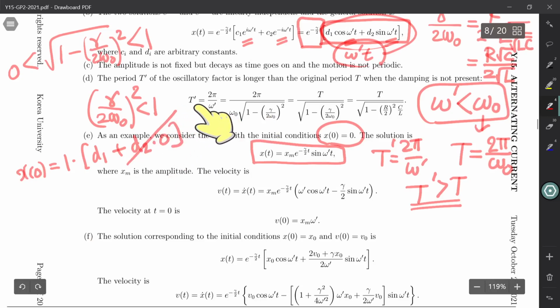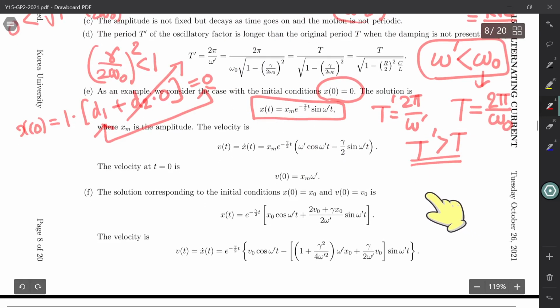So the sine vanishes. If x is 0, then d1 equals 0. If d1 is 0, then we have only d2. We substitute d2 to be xm. So this is a special solution for an underdamped case.